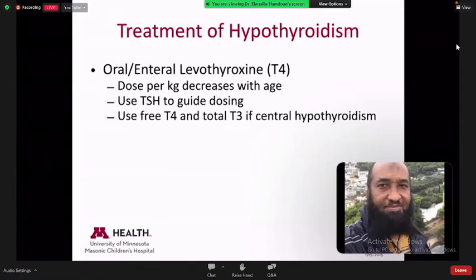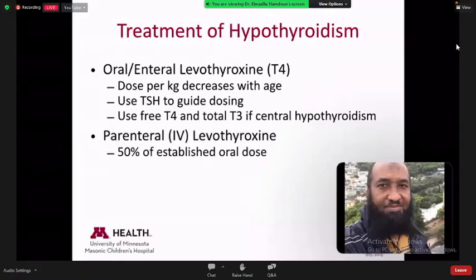You have another classification of hypothyroidism that's central, which means that there is a problem either in the hypothalamus or in the pituitary gland, and in that case, the TSH is of no value. So the monitoring of the adequacy of replacement of thyroid hormone will depend on the hormone level itself, the free T4 and the total T3.